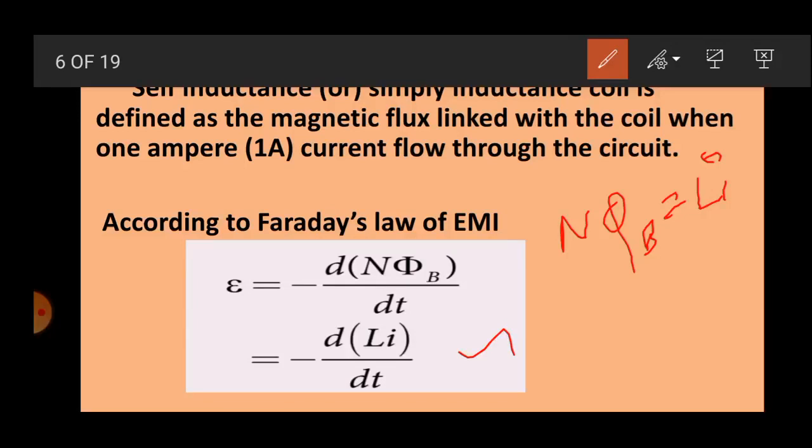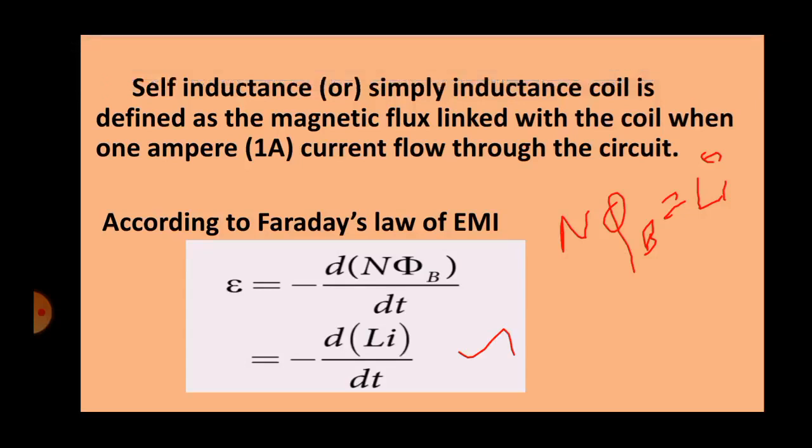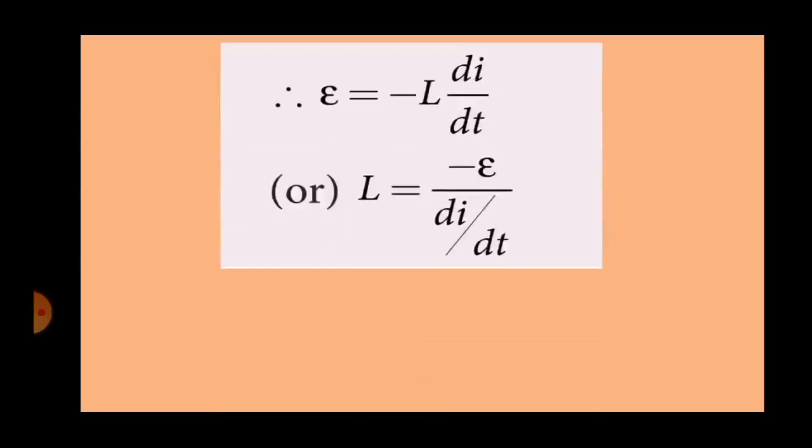L is a constant, so EMF is equal to minus L dI by dt. Therefore, self-inductance L is equal to minus E divided by dI by dt.